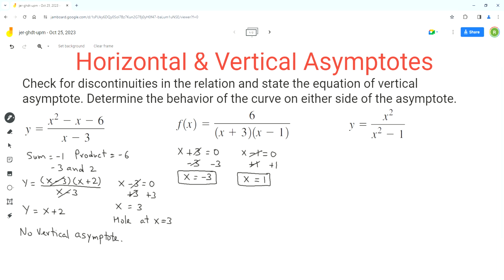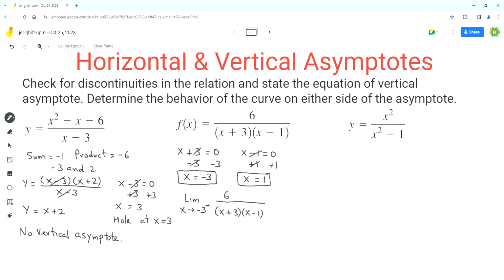So let's start with -3. So we'll start with the behavior on the left side of -3. So limit x approaches -3 from the left side of 6 over x plus 3 times x minus 1.